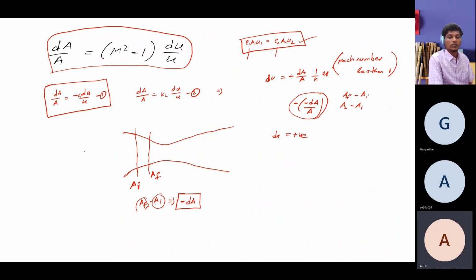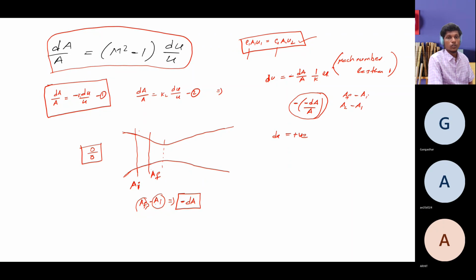But in case of the throat area, if the Mach number becomes one, it is sonic, then dA by A equals zero. There you cannot apply this. At the throat it is a transonic region, and you need to handle things very carefully. Whenever something in mathematics is going to be zero in the denominator or the numerator, you should handle it carefully.